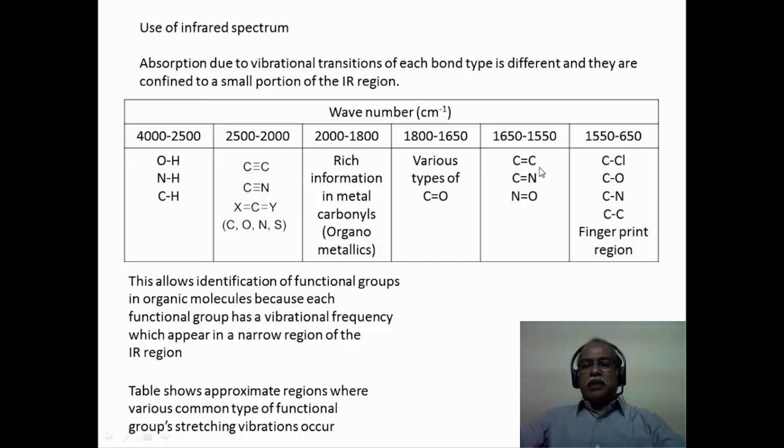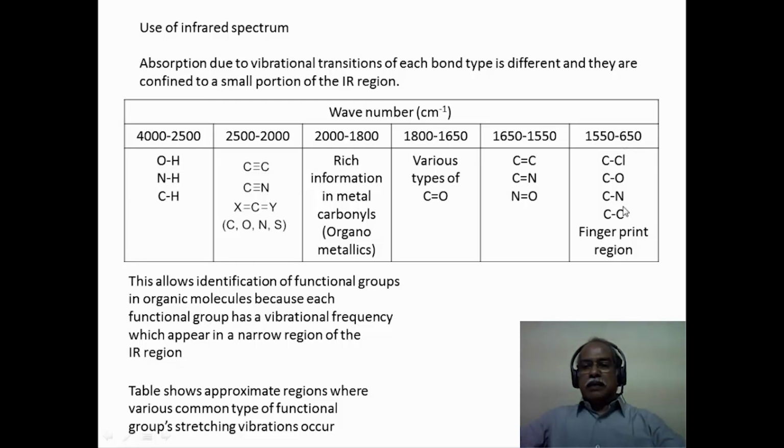Now 1650 to 1550 is the double bonded region, where C double bond C, C double bond N, N double bond O kind of functional groups, olefinic or imino functional group or nitro functional group, can be detected in this particular region. The region between 1550 and 650 is actually the fingerprint region.